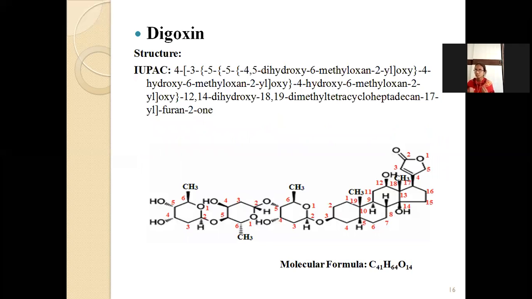So let's discuss the first drug. What is the name? That is digoxin. Digoxin is the drug which comes under the cardiac glycosides.